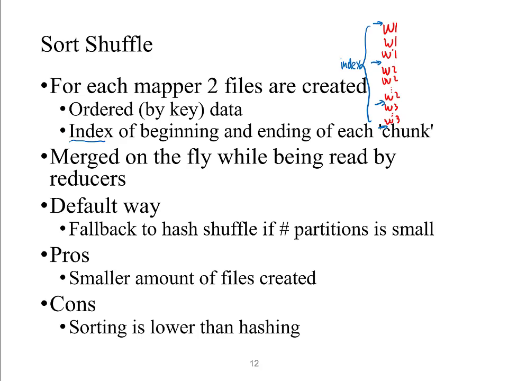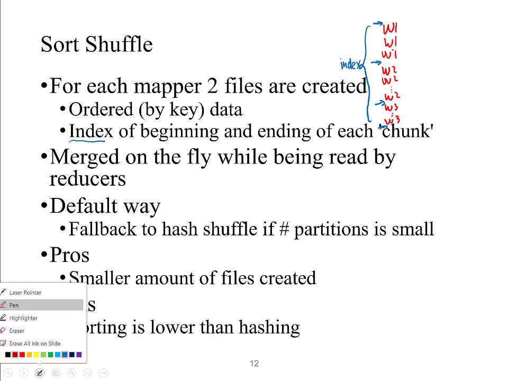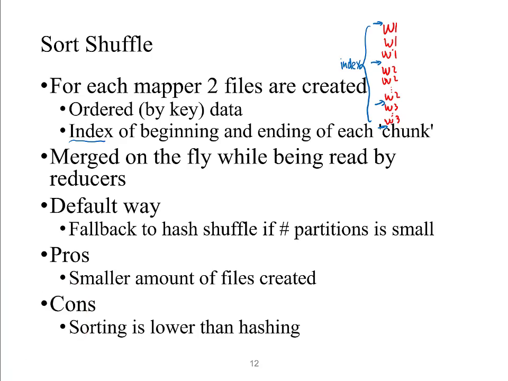All right. So the default way is to use sort shuffle, but when the number of partitions is small, it actually falls back to hash shuffle. So it is important to find a sweet spot, because when the number of partitions is large, hash shuffle is inefficient.